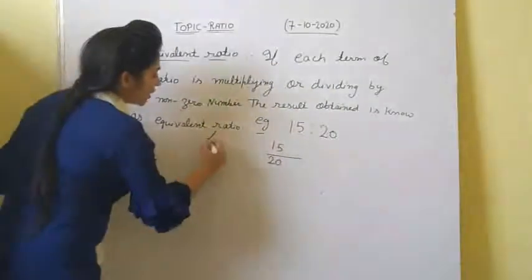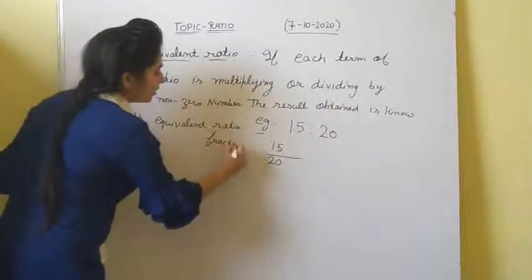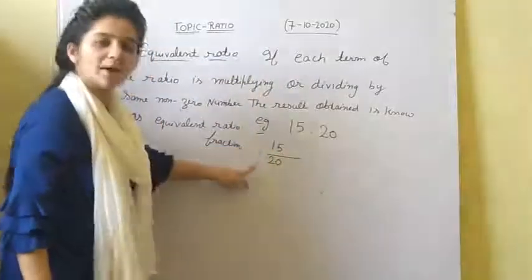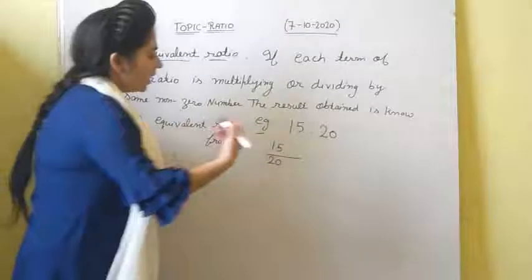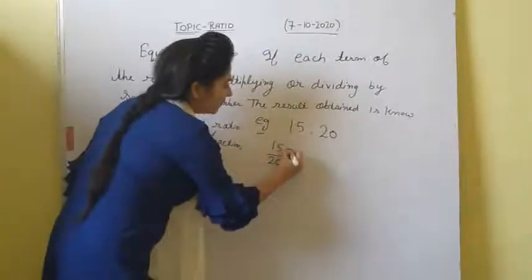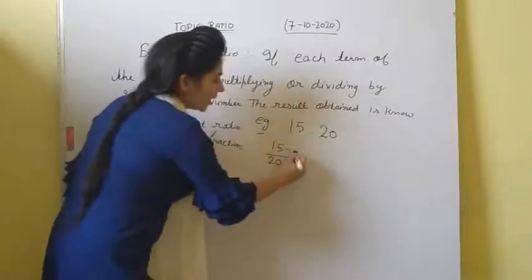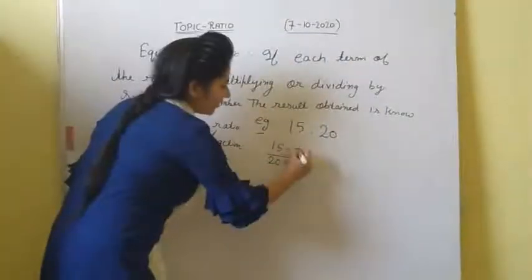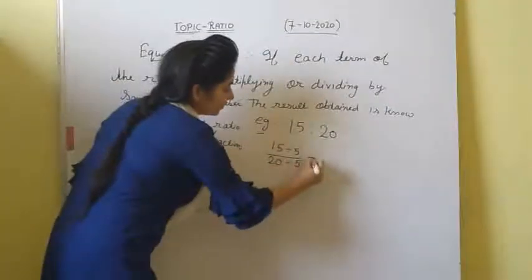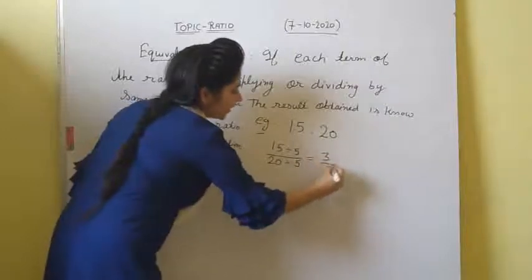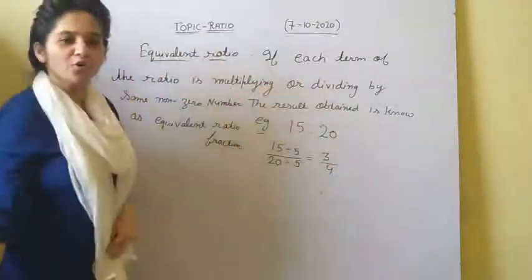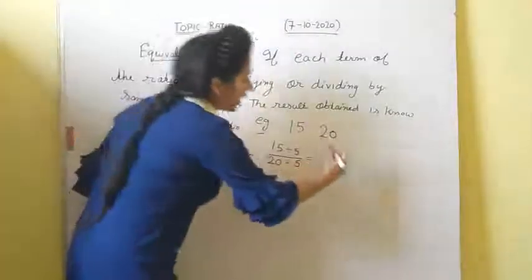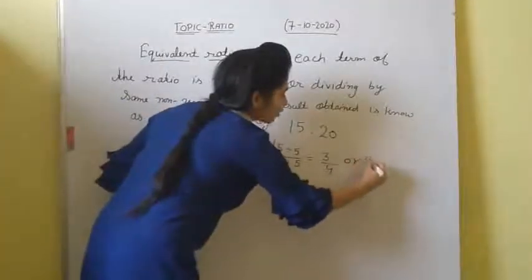The fraction of 15:20 is 15/20. When we divide each term of the fraction by 5, we obtain a new fraction 3/4 and we can write it as 3:4.